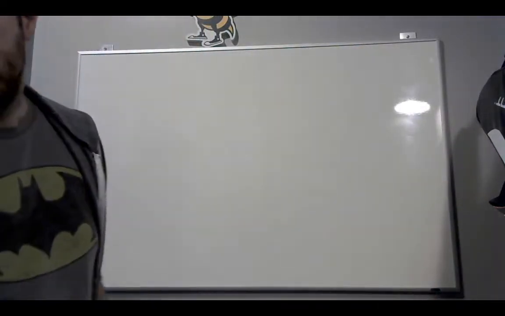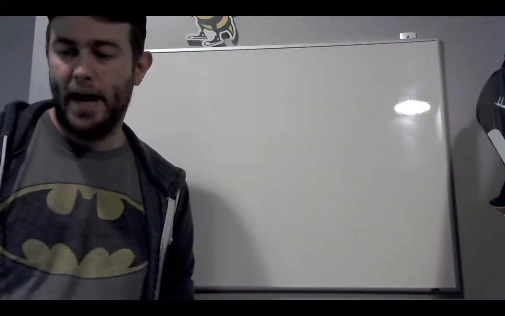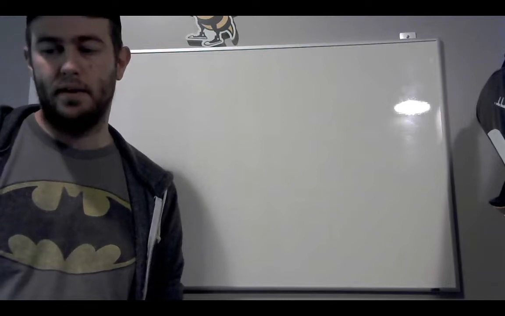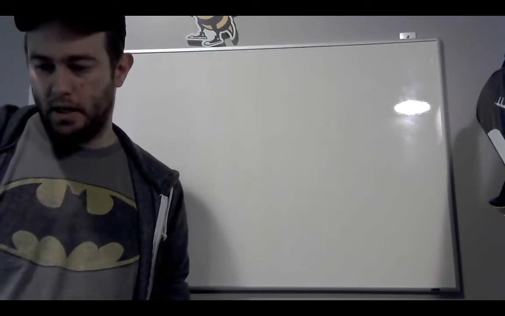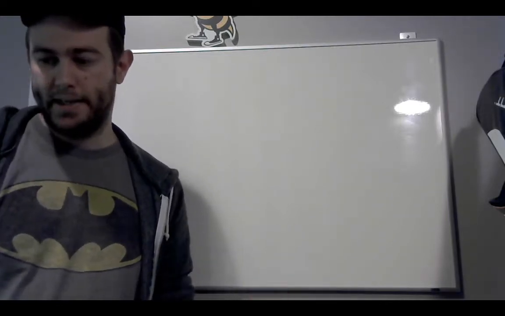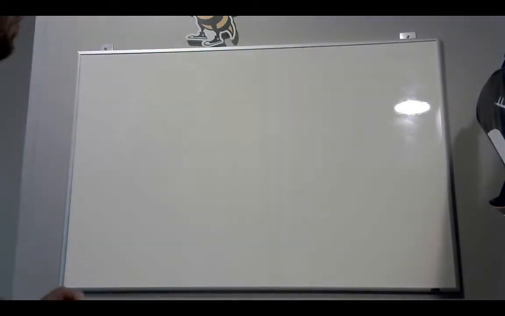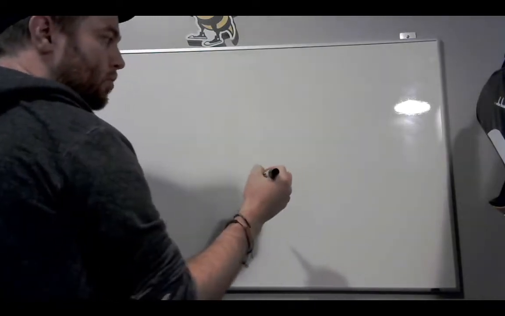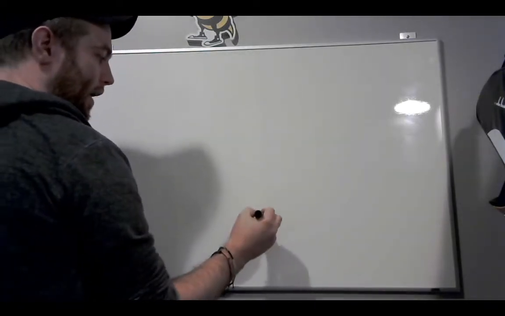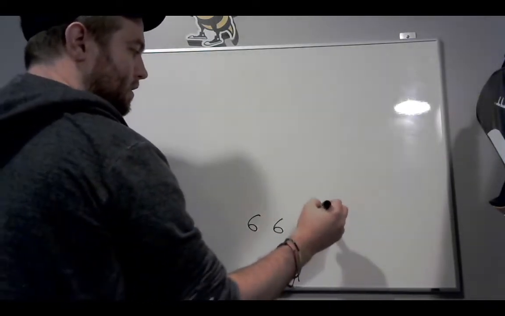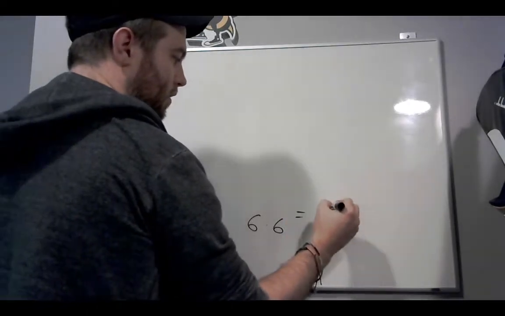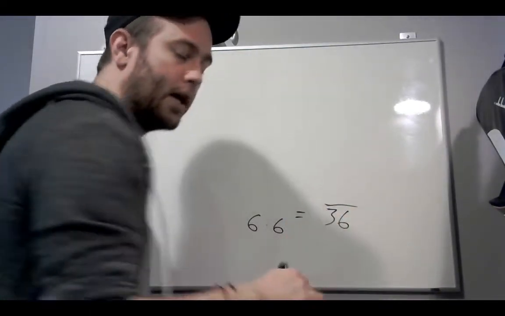So the next one says a red die and a green die have been rolled. What is the probability of the event? The number of the red die is greater than that of the green die. So again, we're rolling 2 dice. So I know that 6 times 6 is going to give me 36 as my sample space.